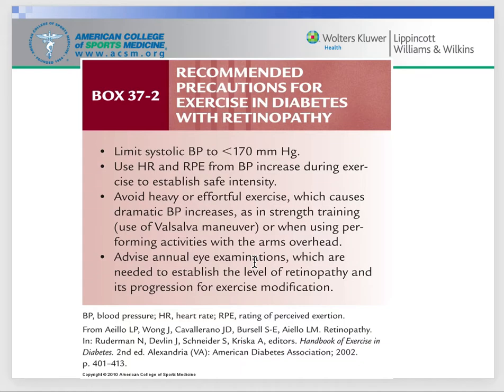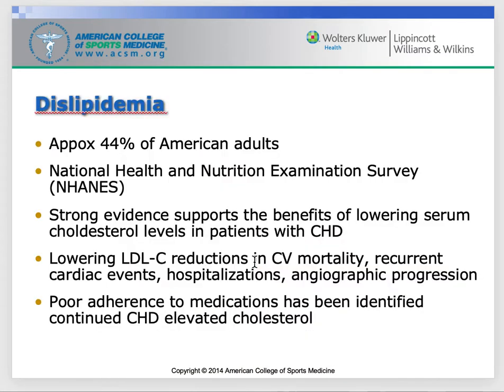You guys got that? So their upper threshold is 170. You want to use the heart rate and RPE. You want to avoid the Valsalva maneuver, which we see oftentimes with resistance training. And you want to make sure that they're talking about their eye health, getting eye exams.